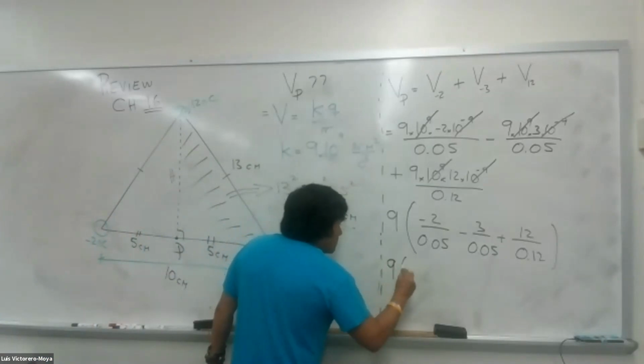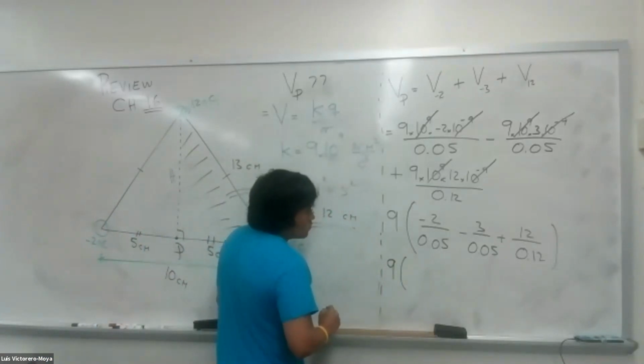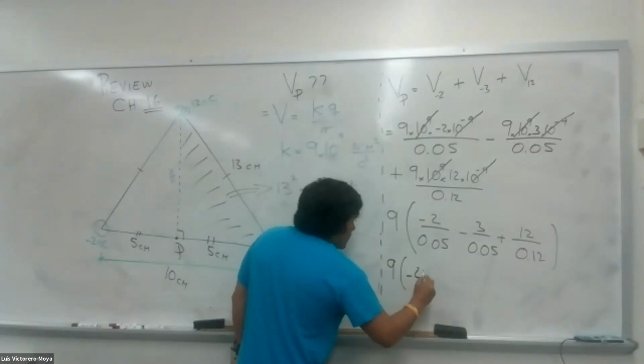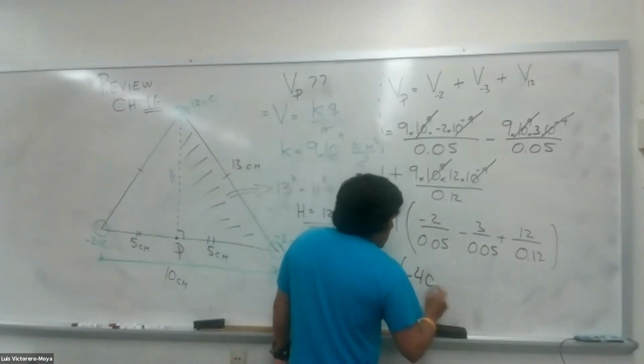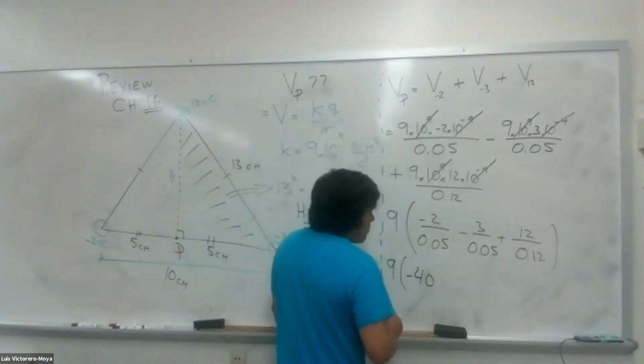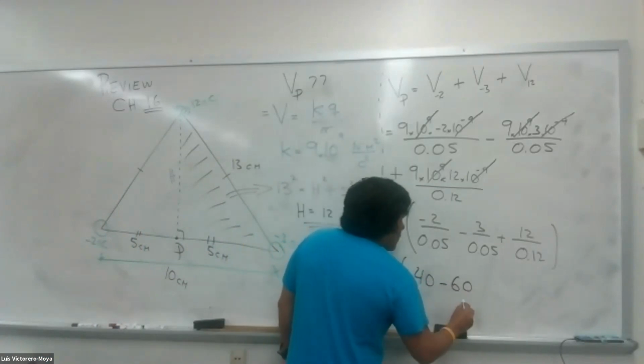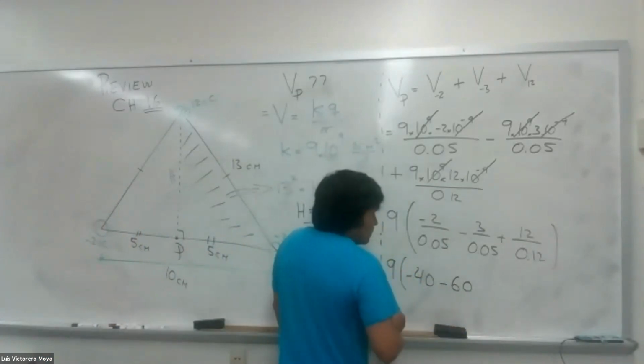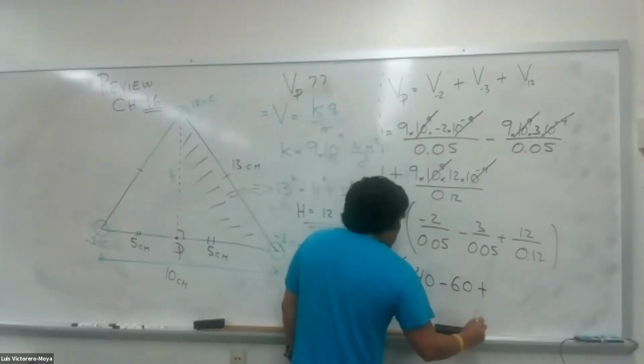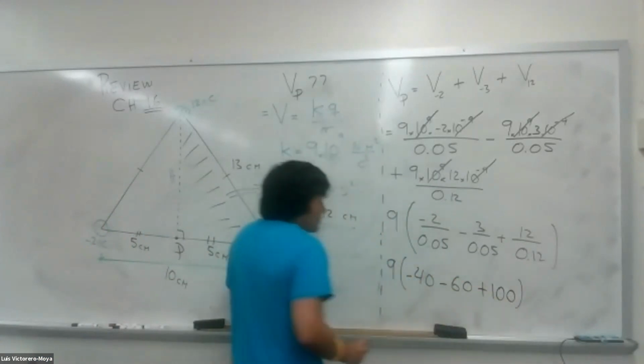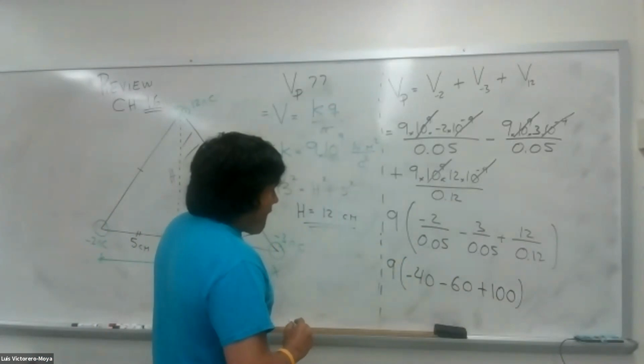Nine, minus 40, minus 60, plus 100, right? Oh, am I going to get 0? Yeah, I get 0. Nice.